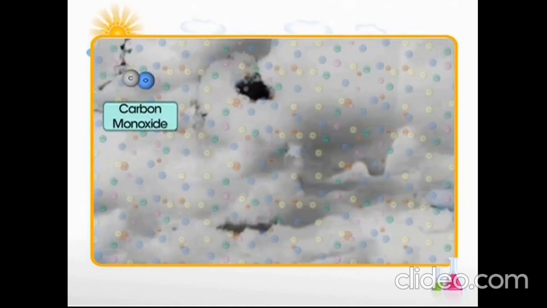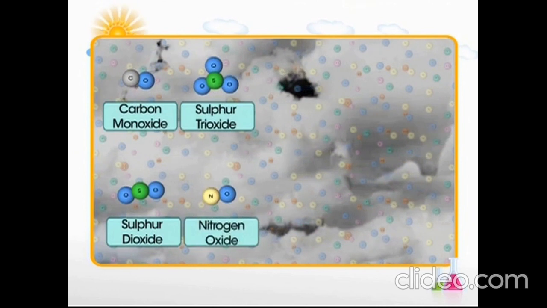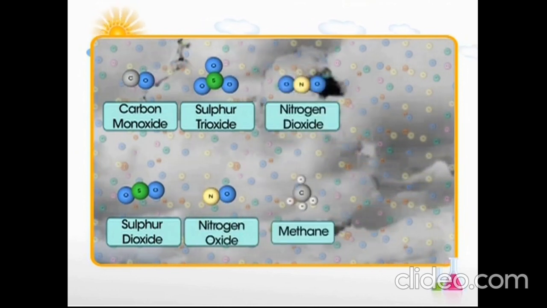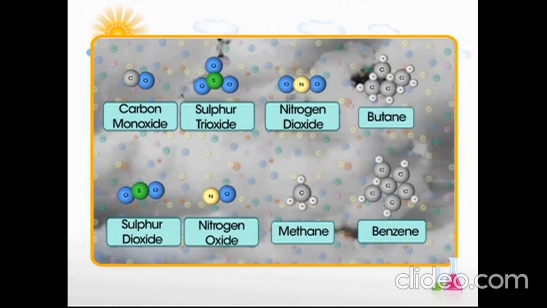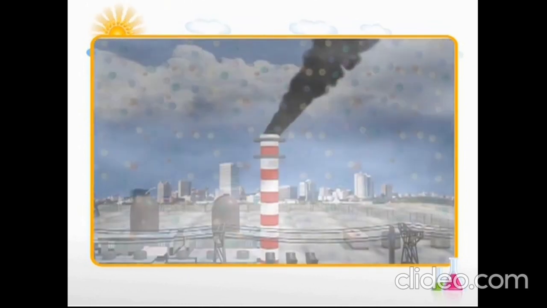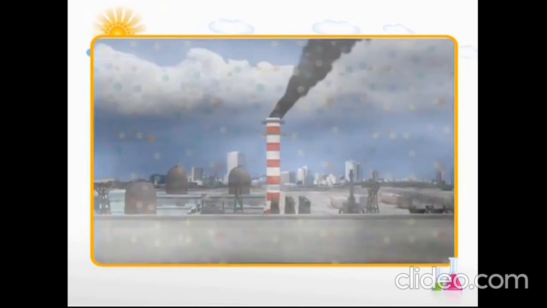Gaseous air pollutants may include toxic gases like carbon monoxide, sulfur dioxide, sulfur trioxide, nitric oxide, nitrogen dioxide, methane, butane, benzene and a few other organic and inorganic gases. Let us learn about each of these air pollutants in detail. We will first learn about gaseous pollutants.